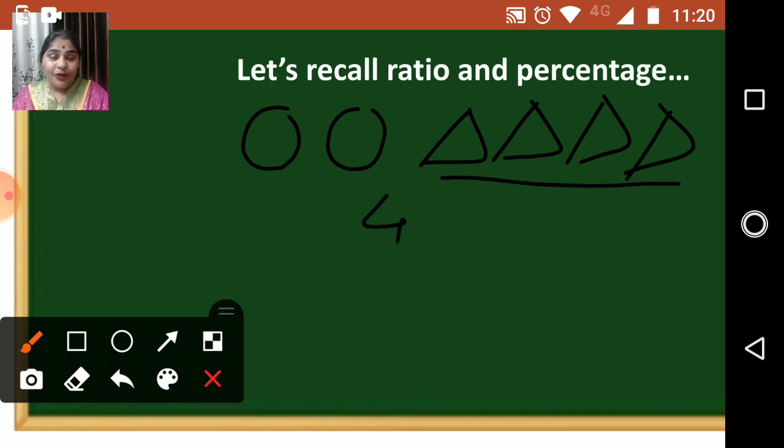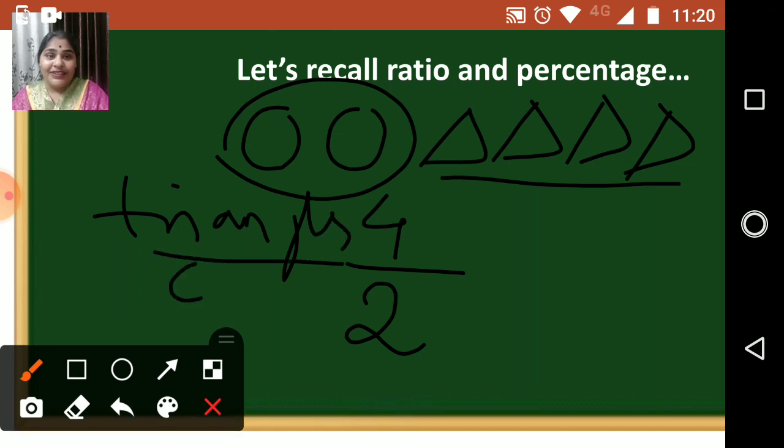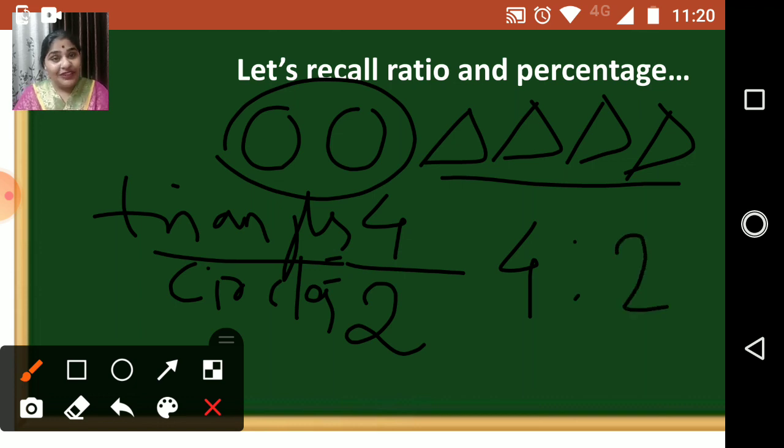That is 4, and two circles means how many circles are there? 2. So I will write that in the denominator. So the ratio of triangles to circles is equal to 4 upon 2. This can also be read as 4 is to 2, which we have already learned, children, right?